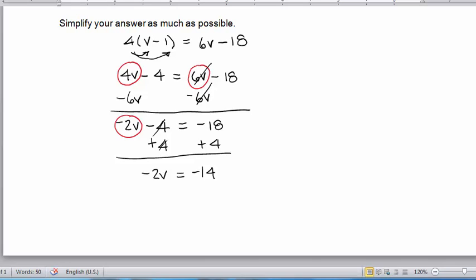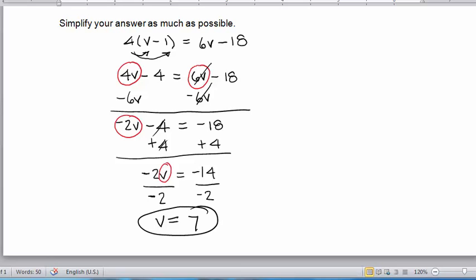Okay, almost there. The last thing I do to get my variable v by itself, since I'm multiplying it by negative 2, is divide by negative 2. Keep in mind that the sign of the coefficient goes along with it when you do the division. So I divide both sides by negative 2, and I'm left with v equals positive 7.